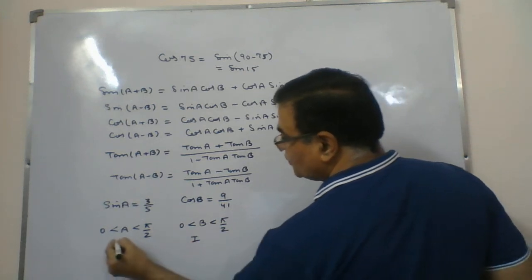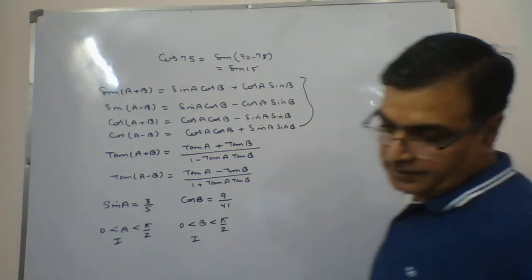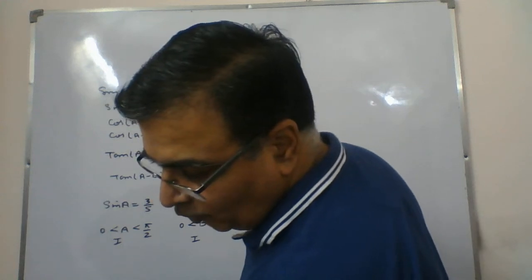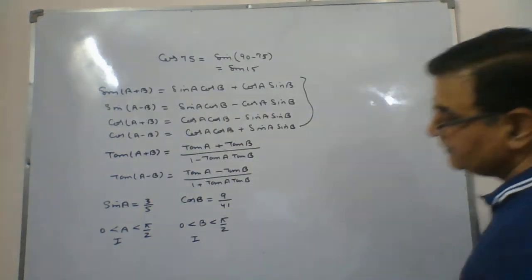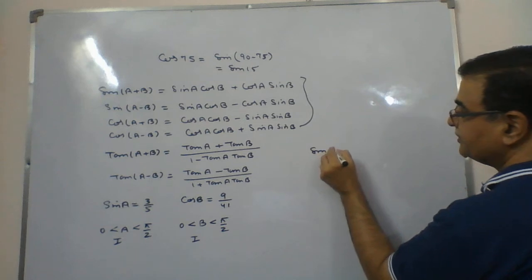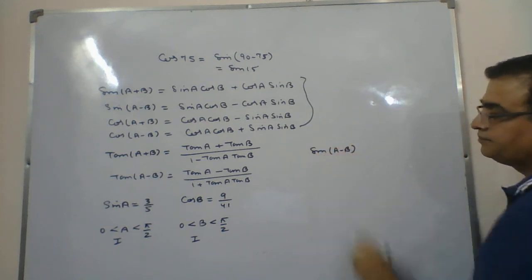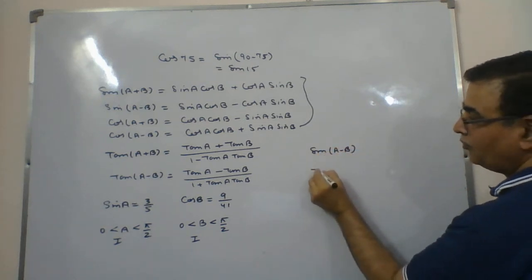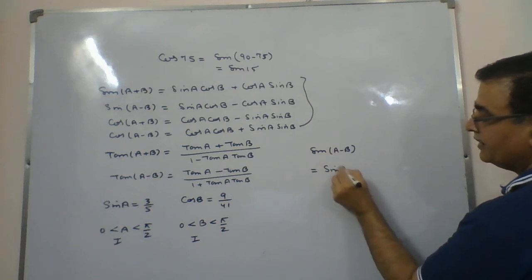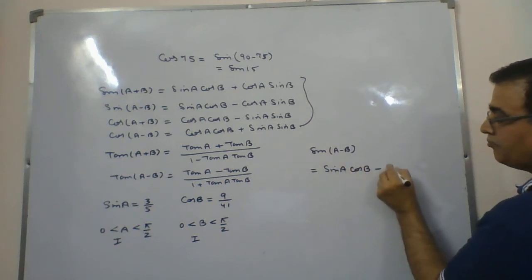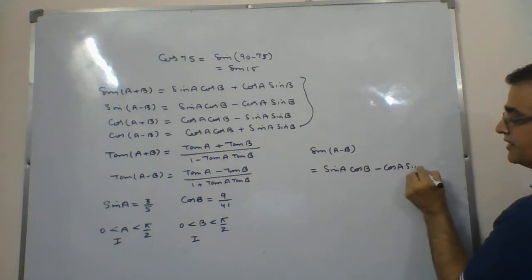That means this is first quadrant, this is first quadrant. My question is, find the value of sine A minus B. Simple question they are asking. The sine A minus B formula says sine A cos B minus cos A sine B.